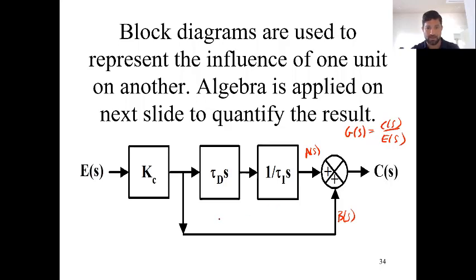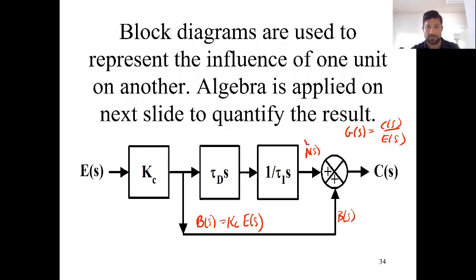So B, in this case, is KC. So B, this function right here, equals this transfer function times the input, right? Because this transfer function equals the output, which is B, over the input, which is E. So I'm just expressing this in terms of B. This function right here, A, is going to be this transfer function times this transfer function times this transfer function, for the same logic.